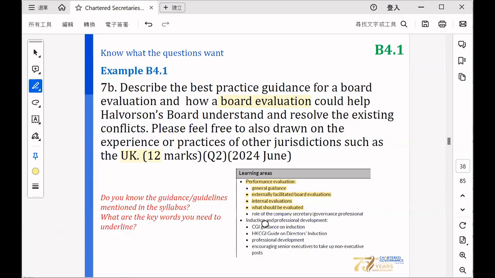But if it is external evaluation, then I think people can disclose more to third parties. That's the sort of thing you can discuss as well. So you need to discuss the internal and the external evaluations.